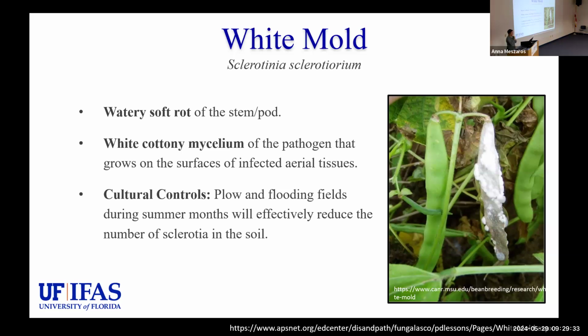And then this structure can actually germinate. And from that, the spores can be disseminated. And then it can become an airborne pathogen because those spores can infect the leaves and cause symptoms on the leaves, okay, or pods, because when it gets there, it starts to cause the disease again.